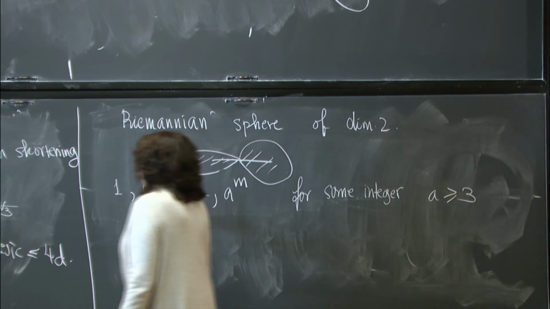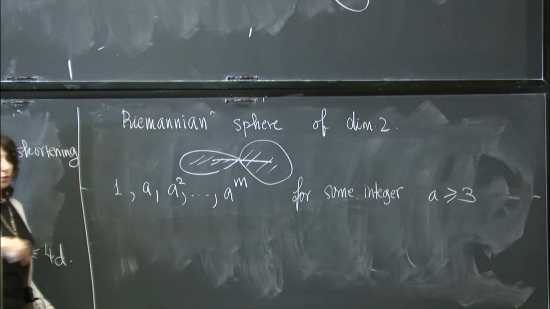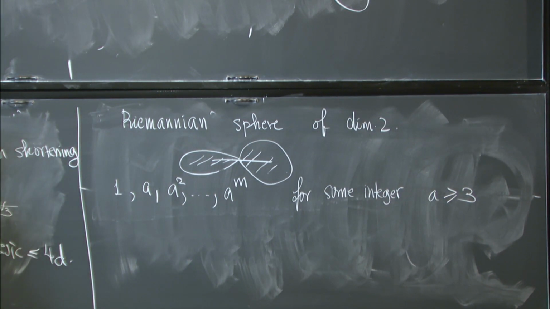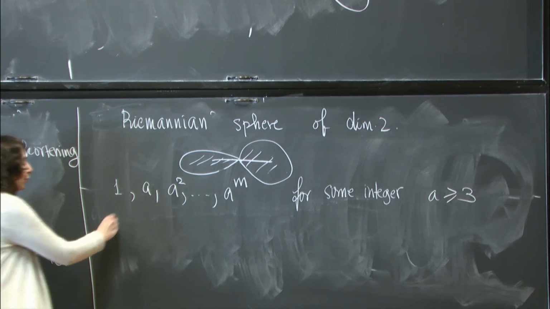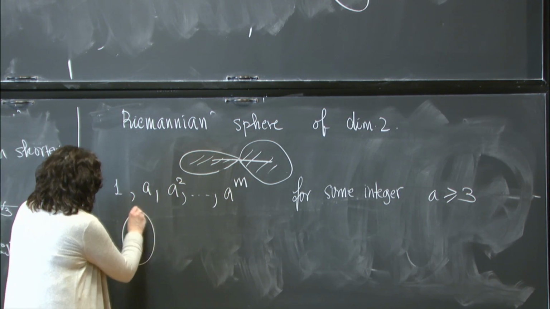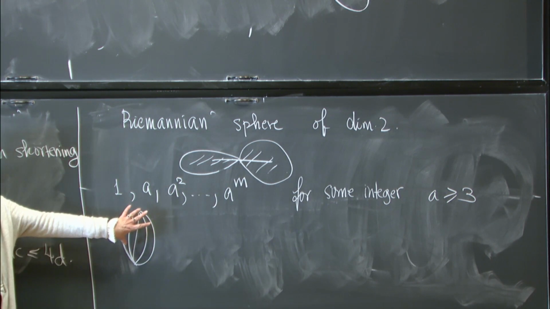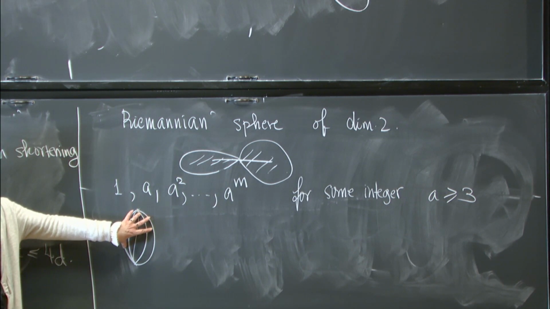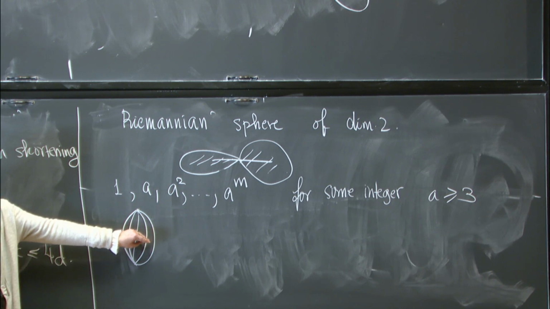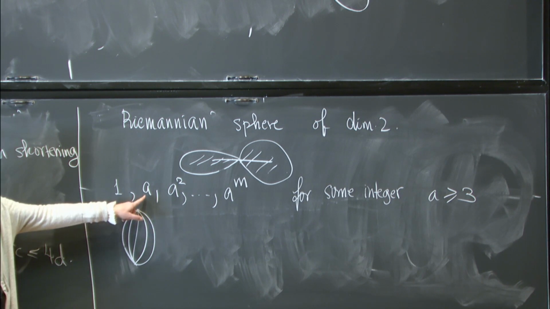Then if you apply this to a geodesic net, to a net that is obtained from two vertices and a bunch of segments joined together, it will force each edge to collapse to a point, but it will do something else.